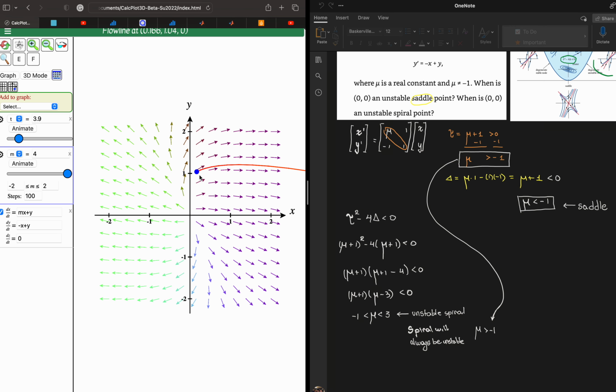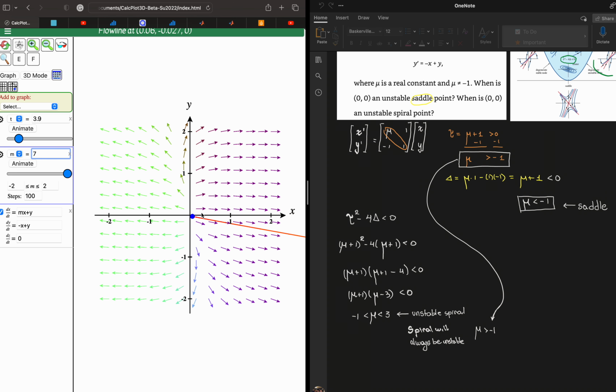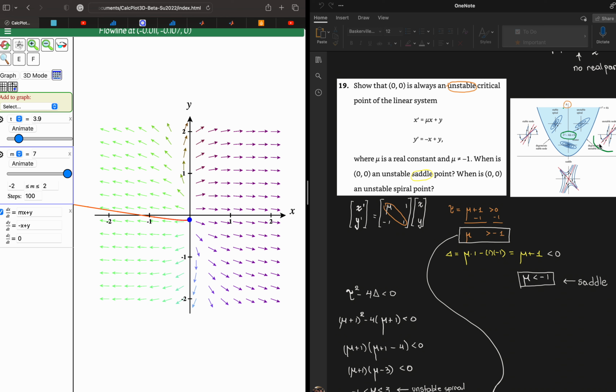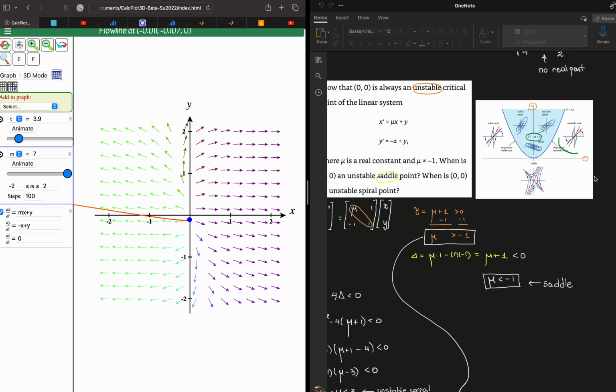So it looks like there's something in our analysis that wasn't completely right. 7, see, now it just keeps getting unstable. So it's always unstable. So let's try to understand. So to be always unstable, this means that the tau, at least from my understanding here, it looks like it'll always be, if tau is negative, it should be stable.